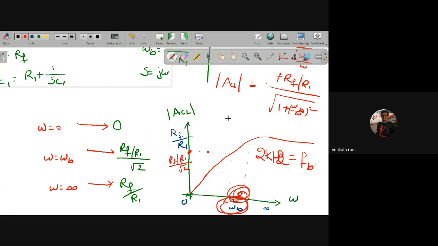Now assume the capacitor similarly, 0.01 or 0.1 microfarad. From this FB you get the value of R1, and from the knowledge of FA you get the value of RF. Same procedure, sir, whatever procedure we followed in the integrator, here also we are following the same procedure.